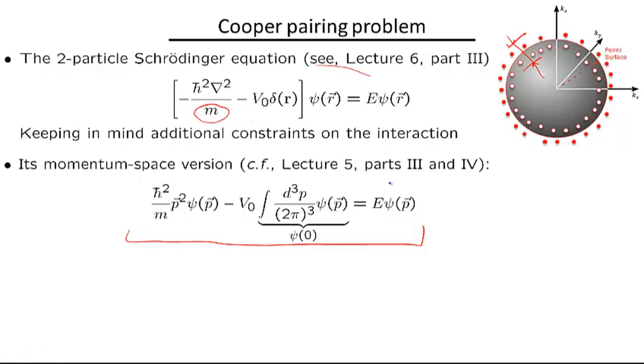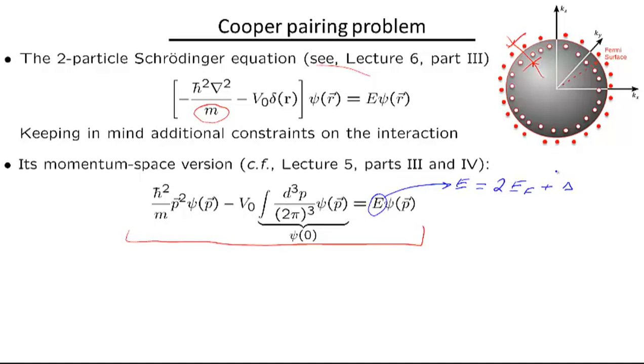The only difference here is due to the fact that the energy on the left hand and the right hand side that we want to find really consists of two parts. So this is the energy of the electrons that already have a finite energy at the Fermi surface. Remember that we're talking here about excitations that have the energy of 2 Fermi, and then there is an energy due to the interaction, which we want to be negative.